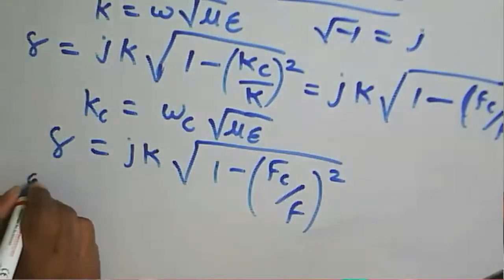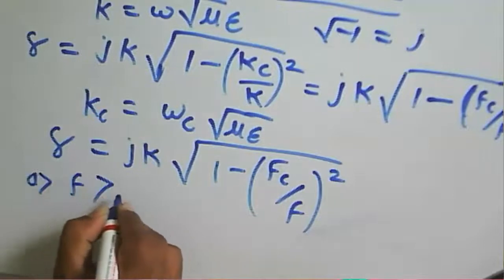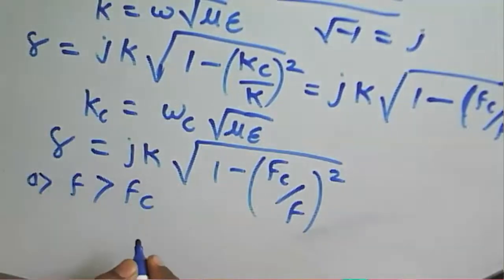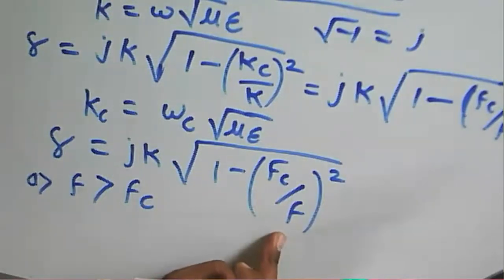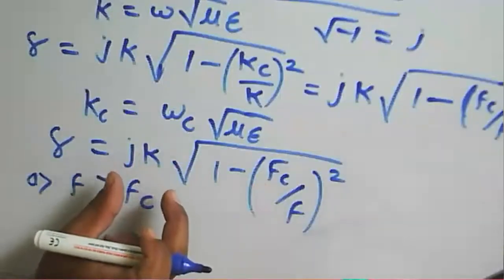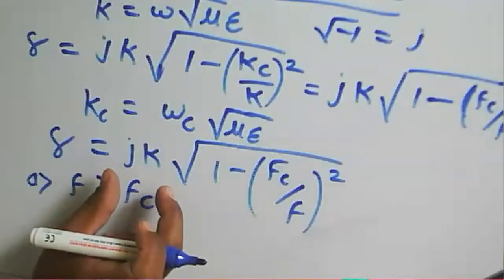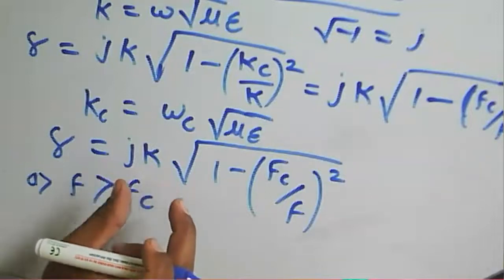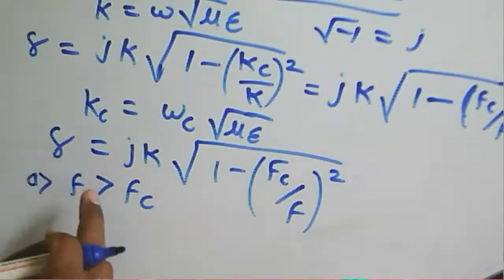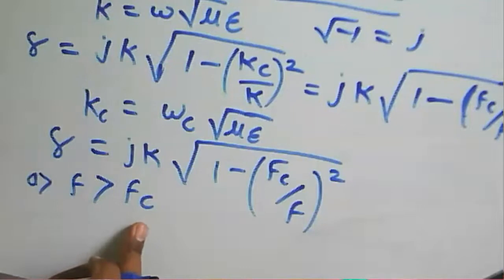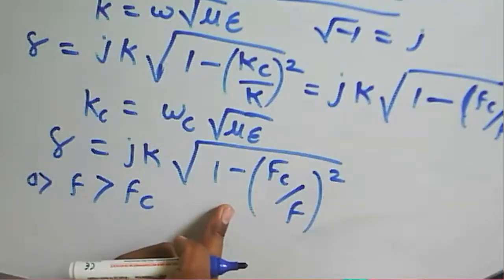So now suppose we consider that f is greater than fc, that is, the signal frequency is greater than fc. Then what will be your propagation constant? If f is greater than fc, this becomes imaginary here.